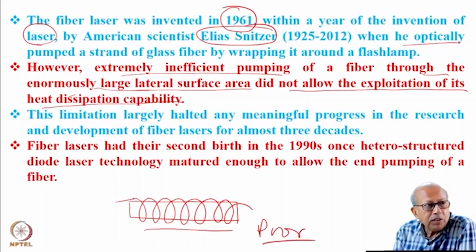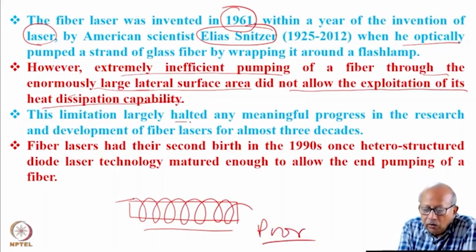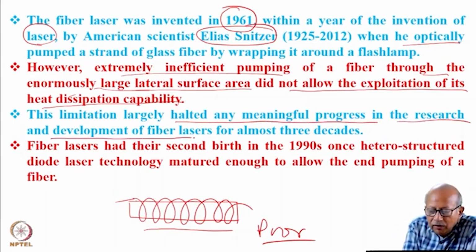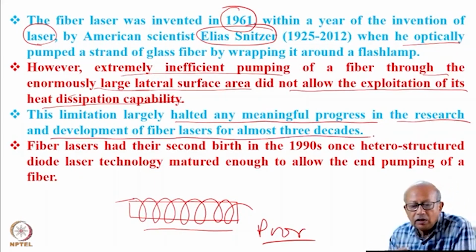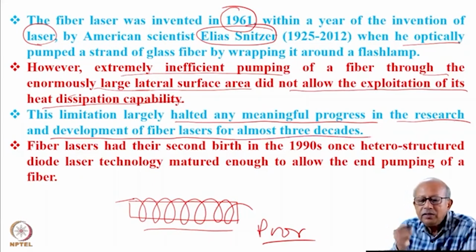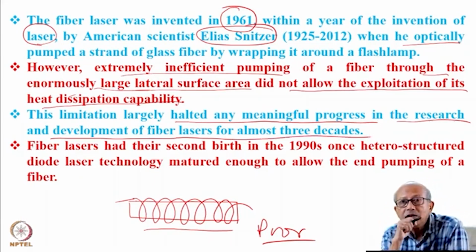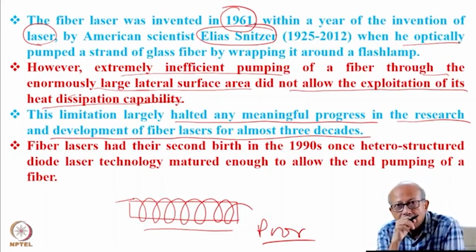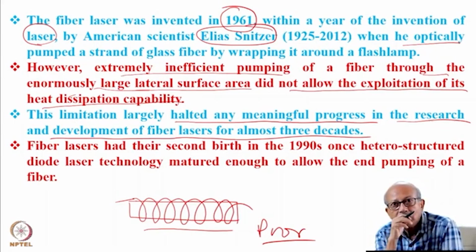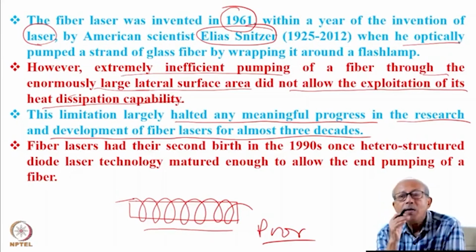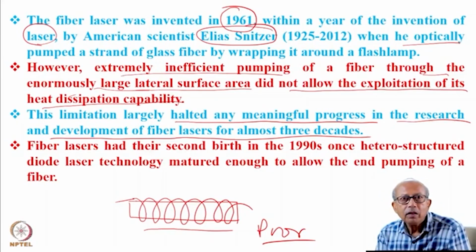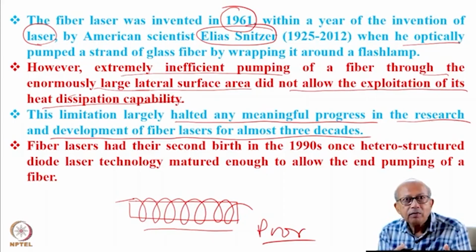Now this limitation essentially halted any meaningful progress in the research and development of fiber lasers for almost 3 decades. That is, from 1960 almost up to 1990, there was hardly any progress in the fiber laser performance. There was hardly any activity also, because the main problem was how to pump the fiber from its side.